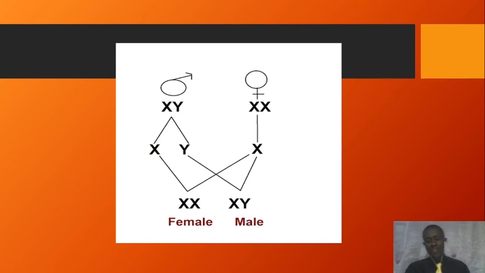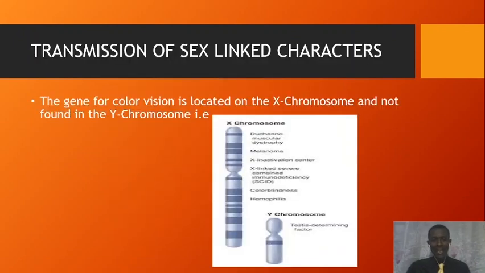Quickly, let's go to sex-linked characters. You can practice this on your own by drawing these diagrams for you to understand it better. Now, when it comes to transmission of sex-linked characters, for example, as I told you earlier on, the gene for color vision is located on the X chromosome and not found on the Y chromosome.